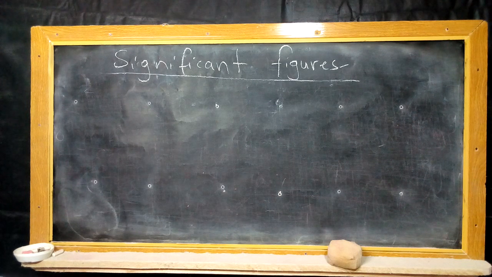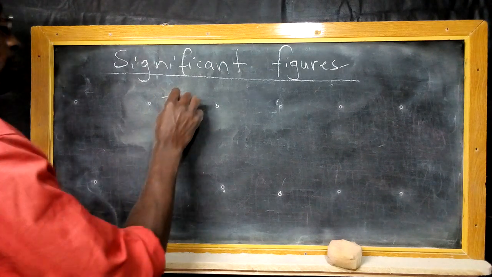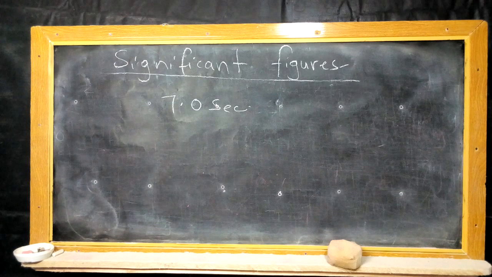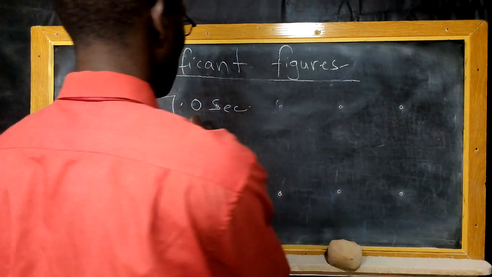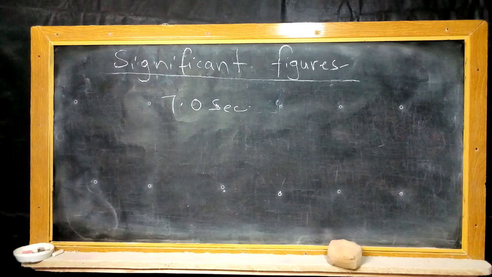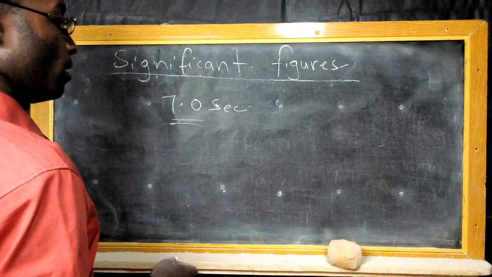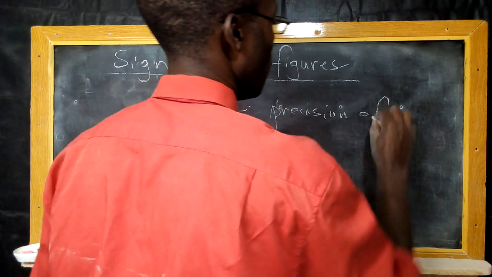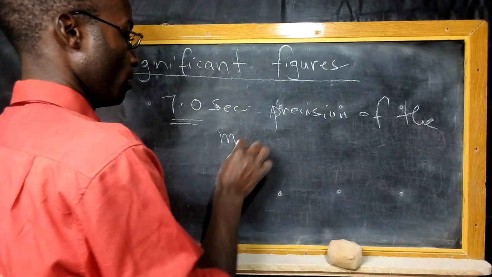Now for a measurement that contains decimal fractions, like for instance 7.0 seconds, that one has 2 significant figures. In that case, this indicates the precision of the measuring instrument. For instance, in 7.0 seconds, the 0 appearing after 7 is going to be significant because it contains the precision of the measuring instrument.